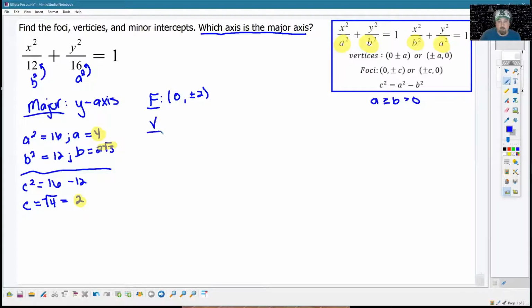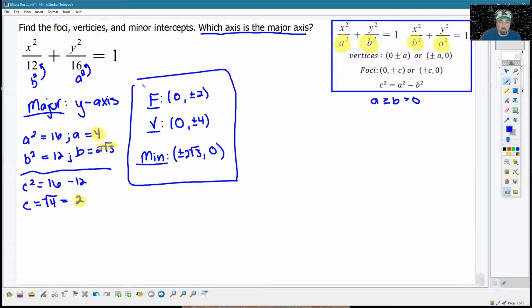Our vertices are our major axis intercepts, and those are based off of a, so that's going to be 0 plus or minus 4. Our minor intercepts are based from the b. Those are going to be on the x-axis, so that's plus or minus 2 root 3, 0. I could create a sketch pretty easily from there, but I'm just looking for the information this time.